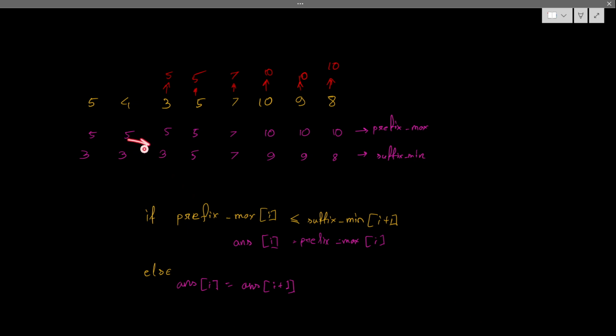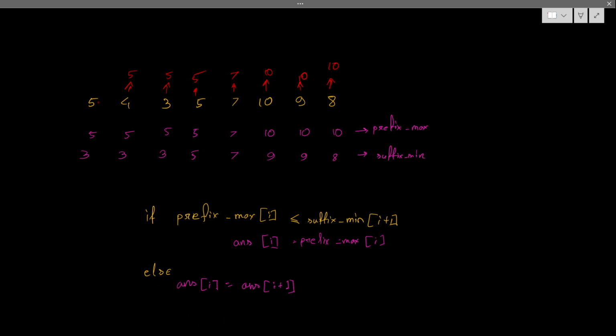So in this case I am allowed to travel this place. But why travel? I can directly get it, even though I go 5, I can go 3. This is the place I can get 3. So there's a reason I can say answer equals answer of i plus 1. So I will take the answer of this place. It will give me 5, answer of i plus 1, that is nothing but 5.